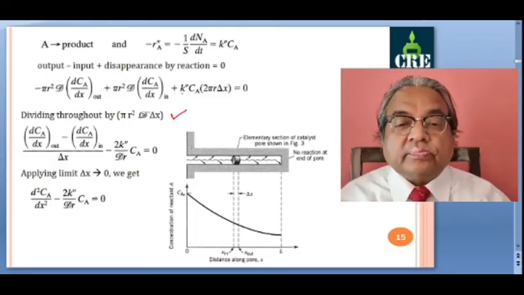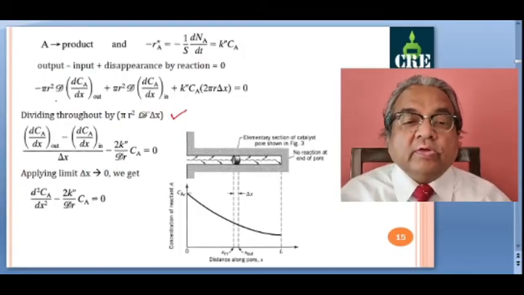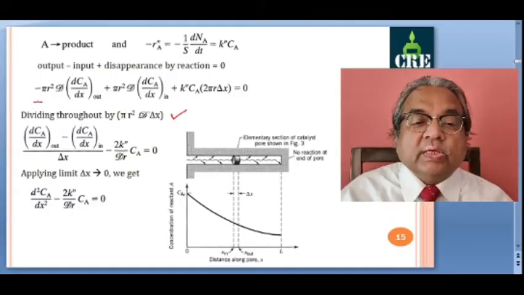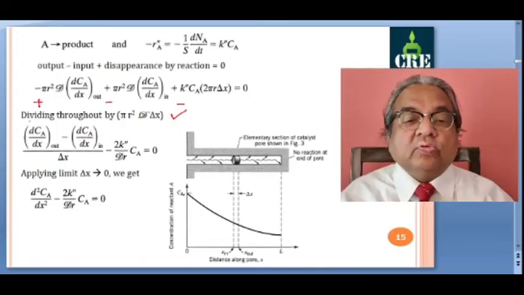Here, out minus in. What we are doing here is changing the signs. So this becomes plus, this becomes minus, and this becomes minus. I am multiplying by the minus sign throughout.